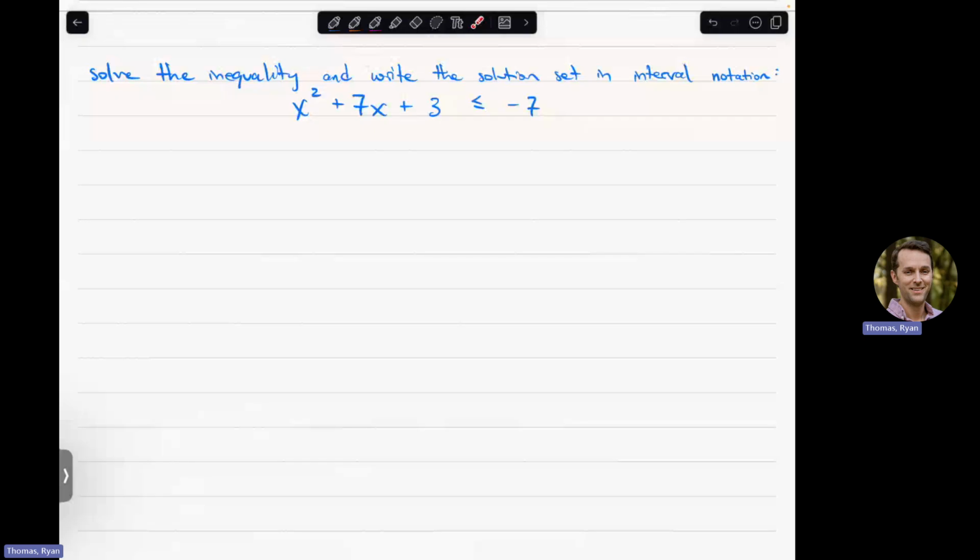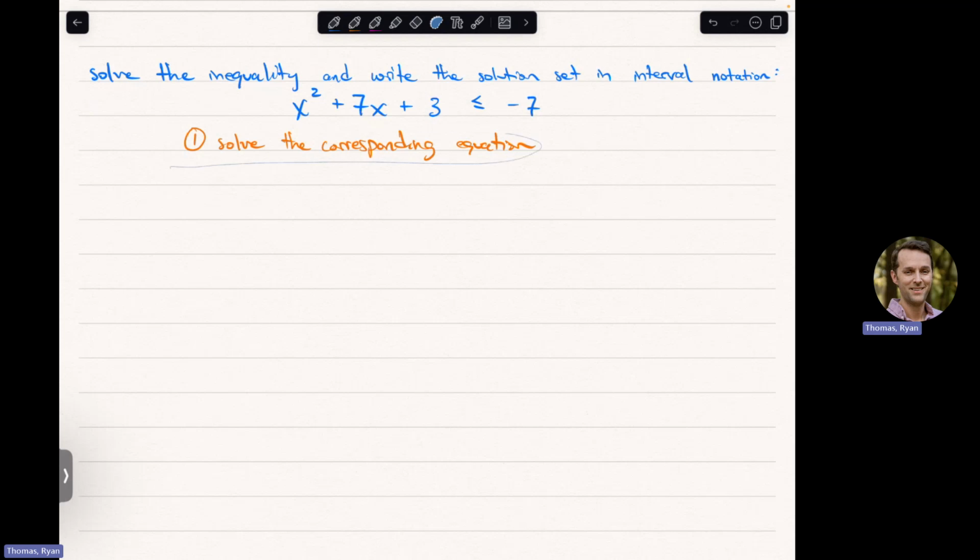To solve a quadratic inequality like this one, so again, quadratic inequality, we're going to use the same method that we're going to use for most inequality types, which is to first think about the equation. So first, solve the corresponding equation.